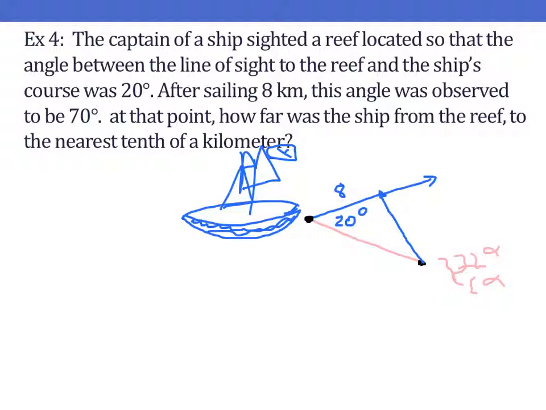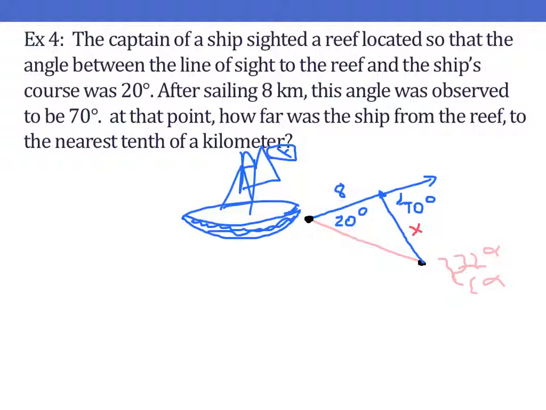He's looking back at the reef where we're looking at this angle, and it says that it is a 70-degree angle. Okay. Now, it says once it moves, once it's here, right here, how far is the ship from the reef? So I'm going to make that my variable. And I'm going to put an X right there.